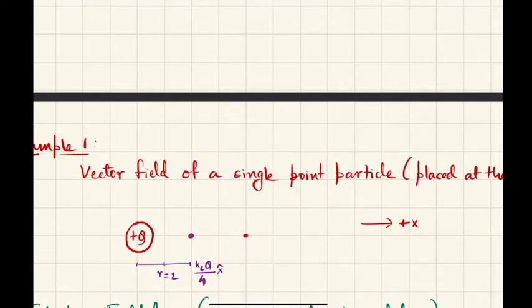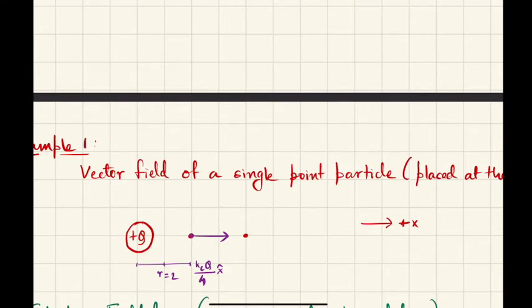Or in other words, if I try to draw some kind of vector qualitatively representing this, then I would draw a vector out maybe like that. Okay, because it's pointing away, so r hat points away. You're standing on top of plus q and looking at that point, so r hat points away from here.